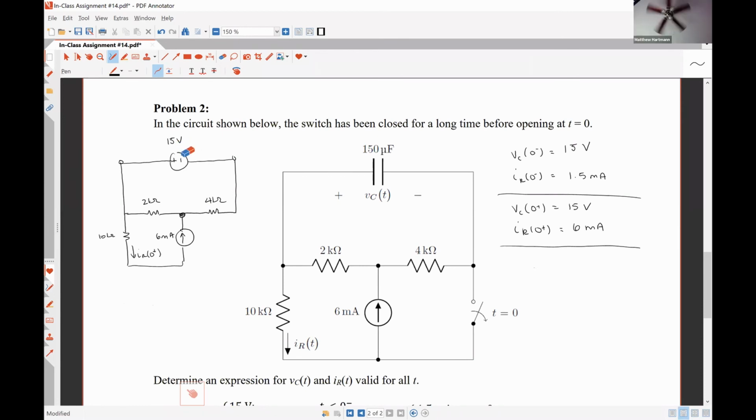That is exactly correct. And I will need to determine VC at infinity and IR at infinity. Can anybody tell me what either of those answers are going to be?